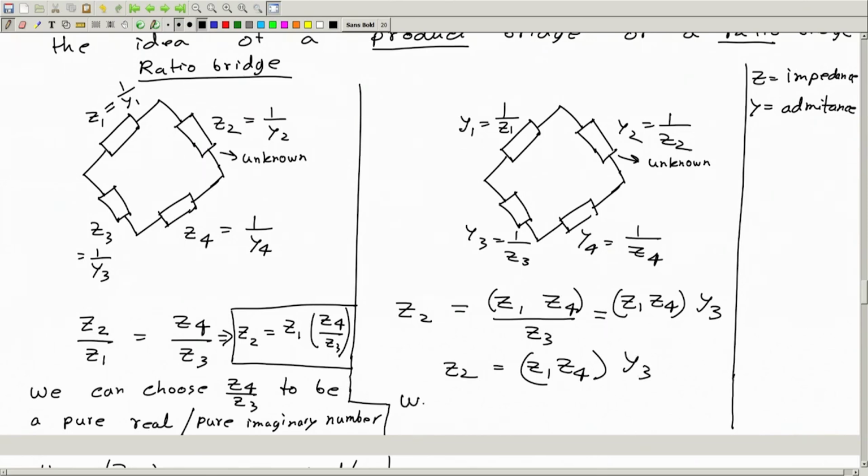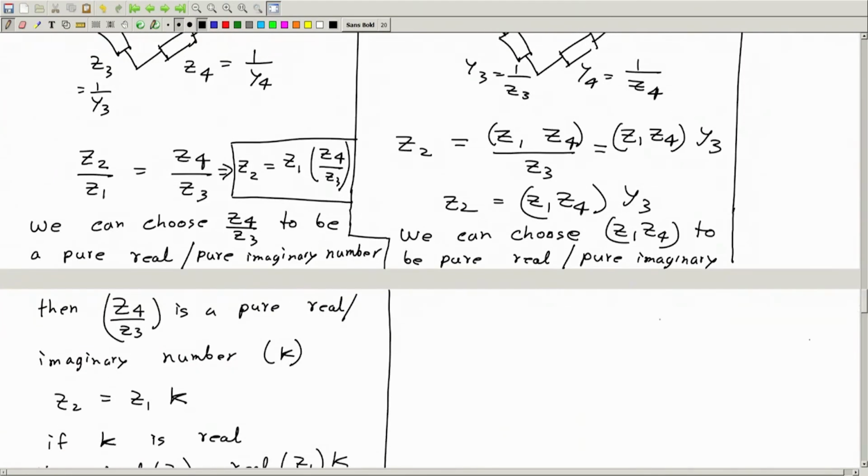Now, we can choose this factor Z1 Z4 to be pure real or pure imaginary.